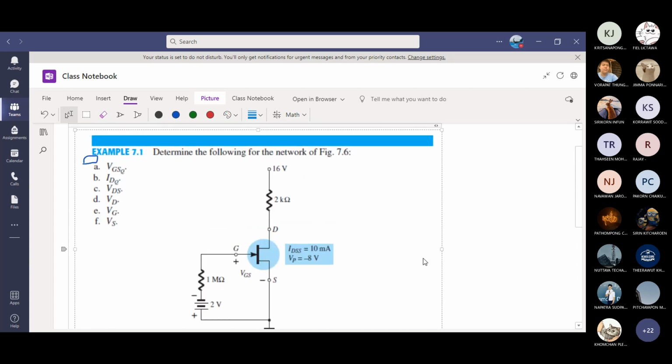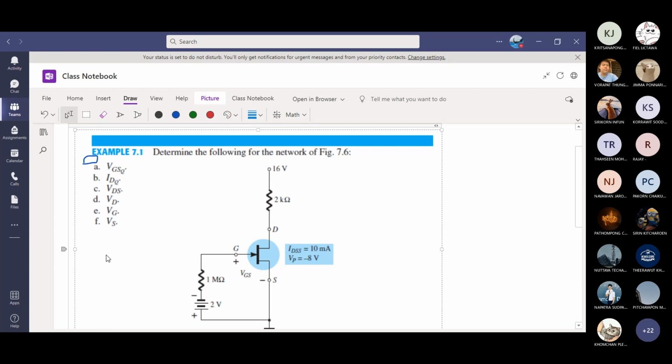If you don't see it, the bottom is the ground. V2. Yes, sir. You will be doing part B, IDQ. Okay, sir. And Mr. San An, you will be telling us VDS, drain to source, part C.